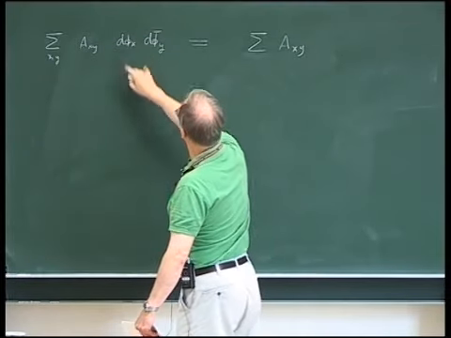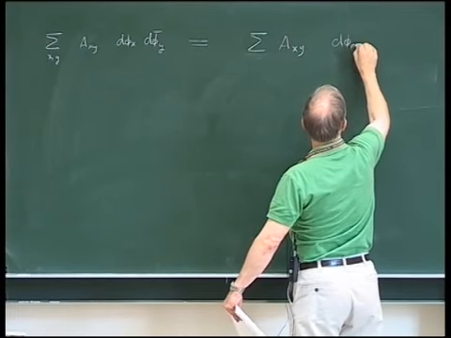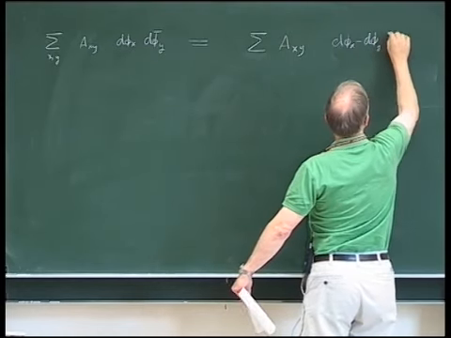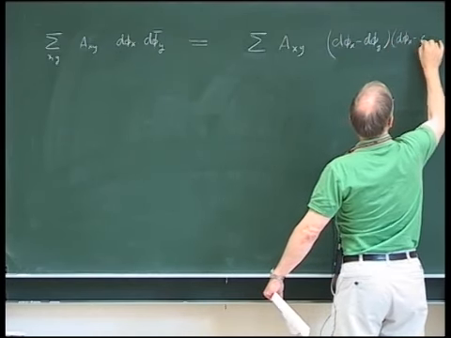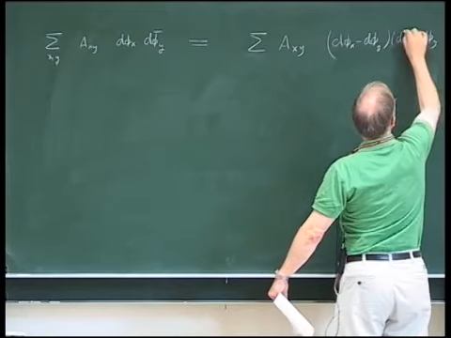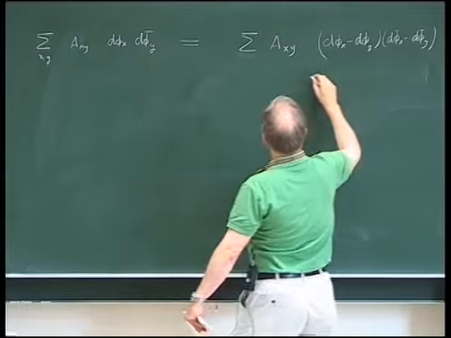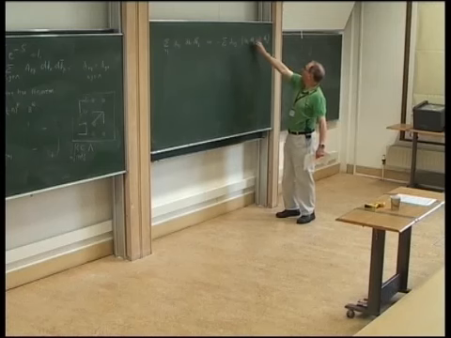Think of that as the cross term that you would get by multiplying out this: d phi x minus d phi y, d phi x minus d phi y conjugate. Maybe we need a minus sign, because you see you're going to have a cross term, d phi x, d phi conjugate y, d phi y, d phi conjugate x.